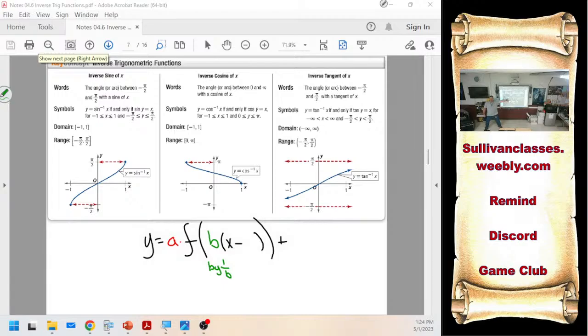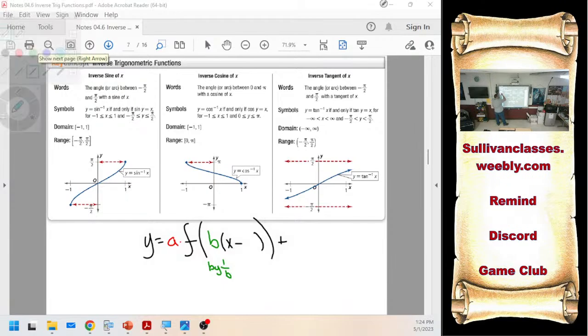And then your input gets doubled. It means it gets half as close, right? So we got to remember that one's always by reciprocal.